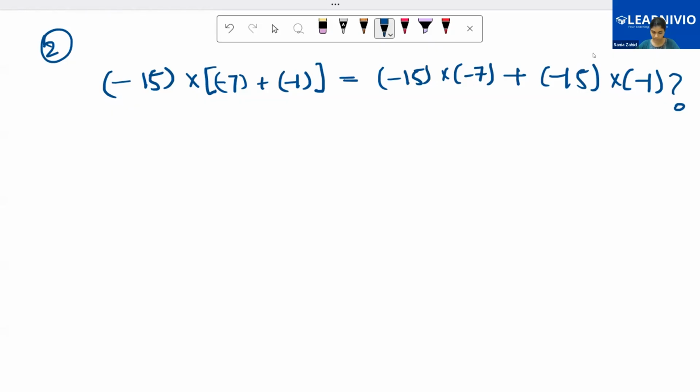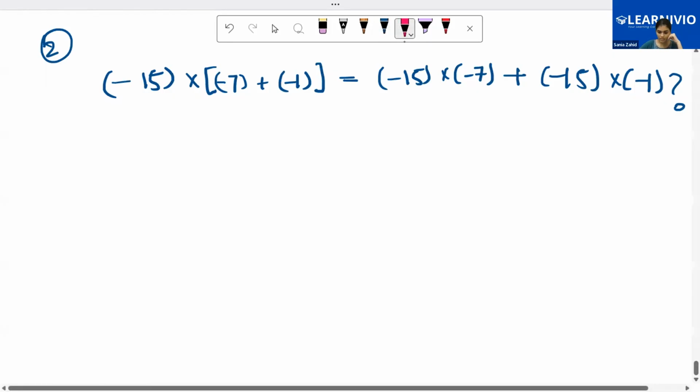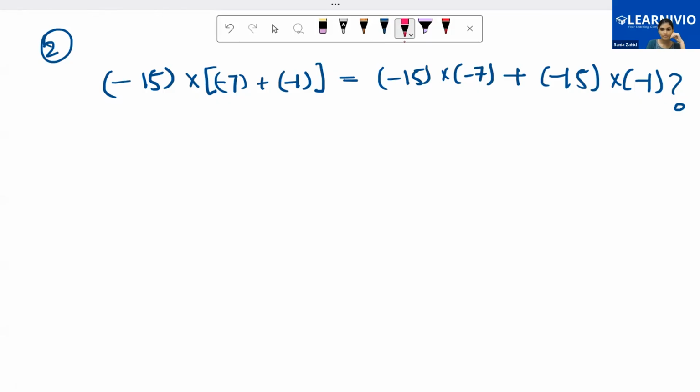Done, ma'am. Are you getting the same answer? Yes, ma'am. What are you getting for LHS? For LHS plus 120 and for RHS also plus 120. And what about you, Razan? It's 120.